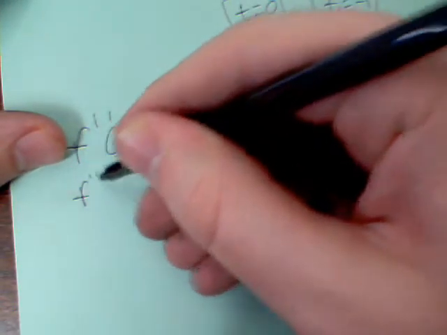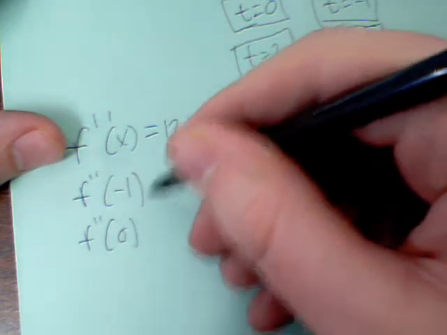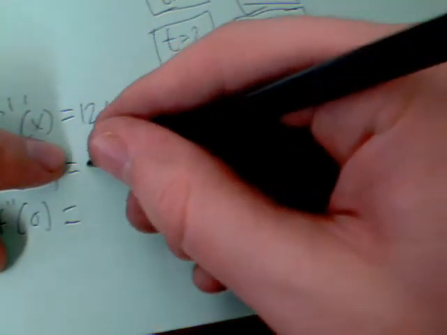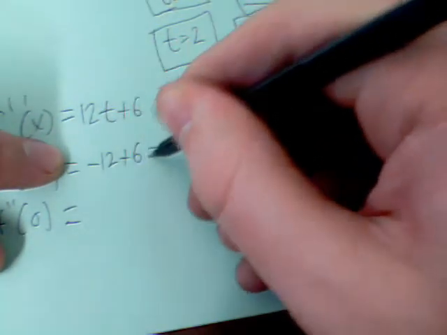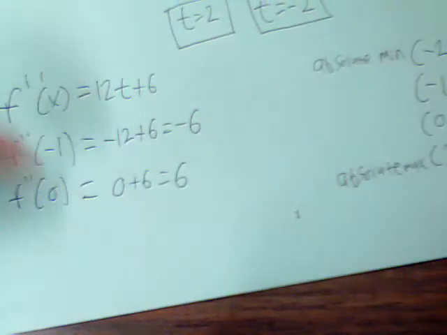So f double prime of -1 and f double prime of 0. I'm going to plug in my critical values here, -1 and 0. So I get -12 plus 6 is -6, and 0 plus 6 will be just 6.